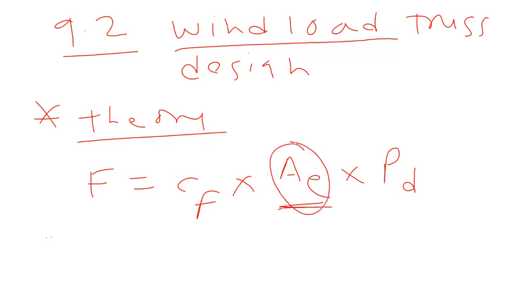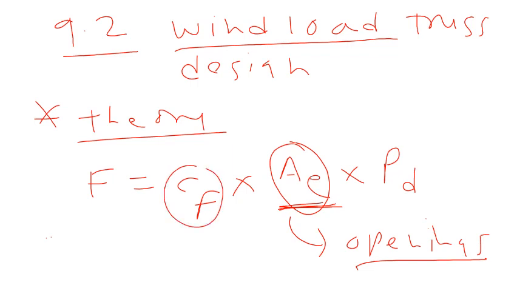So there are some special cases where we can take A less than the actual area, but this will come into picture only when there are openings in the structure, or this is also called permeability. Then CF is called the force coefficient for the building. So we have to refer to table B.4 to B.6 for this. And this PD is called the design wind pressure. So let's go one by one.